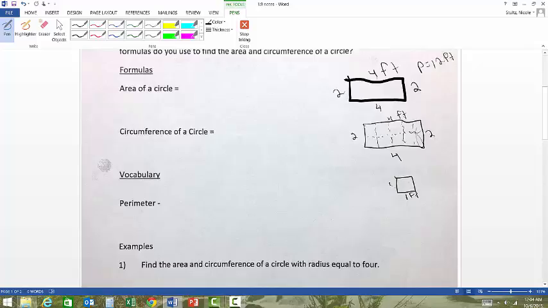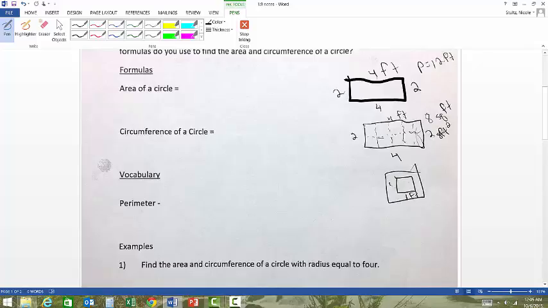You could count them all up, or a shortcut is to realize you have 2 going this way and 4 this way, so we just multiply 2 by 4 and we get 8 square feet. Now, I write my square feet this way, but I know you have probably done it that way in middle school, which is fine. Either one, they're the same thing. But that means there are 8 of these squares inside the shape.